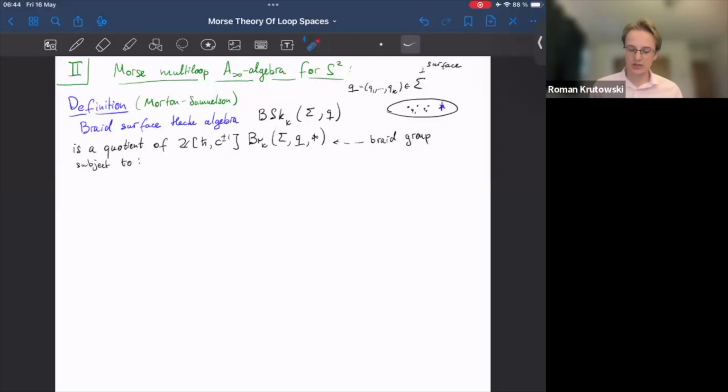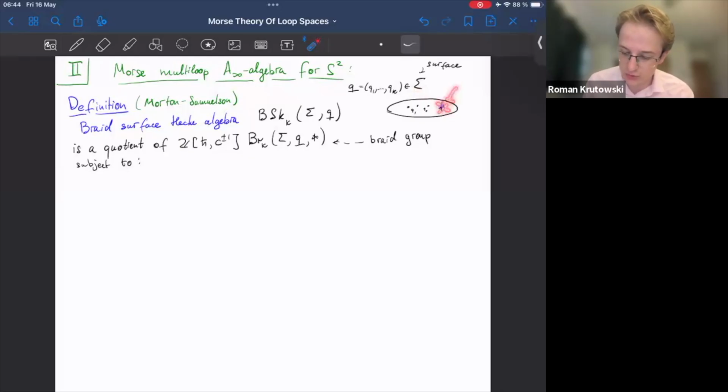So now we'd like to compute this A infinity algebra in the case of S2. Let me first recall this definition of Morton and Samuelson. They introduced these braid surface Hecke algebras for Riemann surfaces with one puncture.